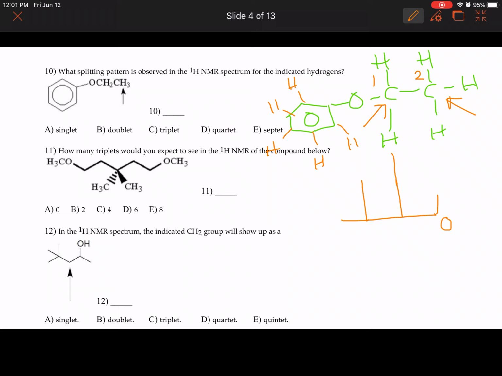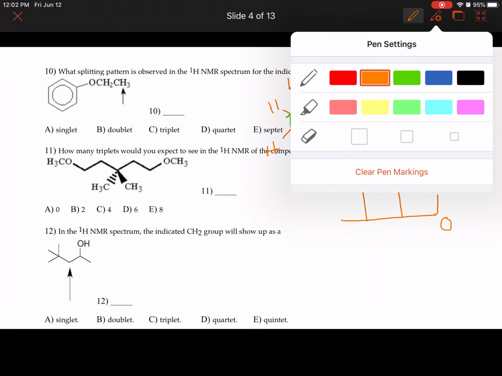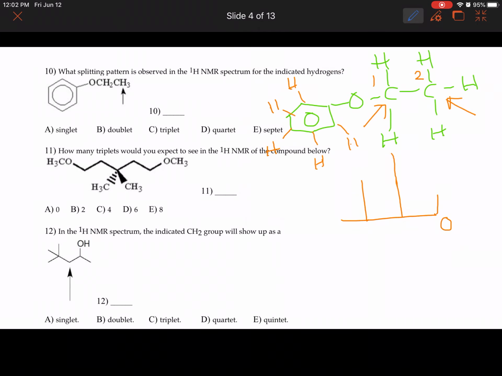If you consider the carbon 2, there are 3 hydrogens. So those 3 hydrogens are going to split due to the hydrogens on the neighboring carbon. So the neighboring carbon is carbon 1. And we normally consider 3 bond coupling, not beyond 3 bonds. So 3 bond means if you consider this hydrogen, how many bonds are we looking at? 1, 2, 3.